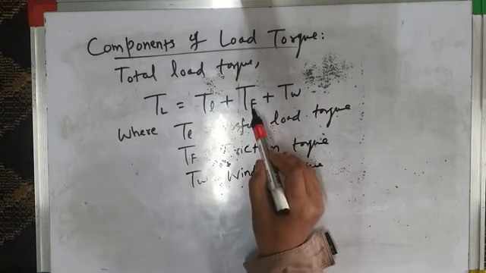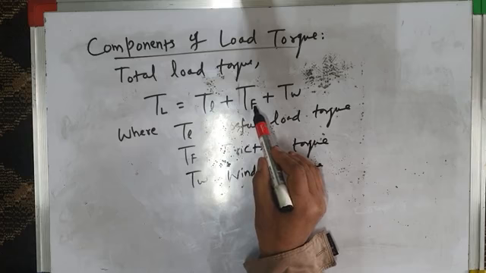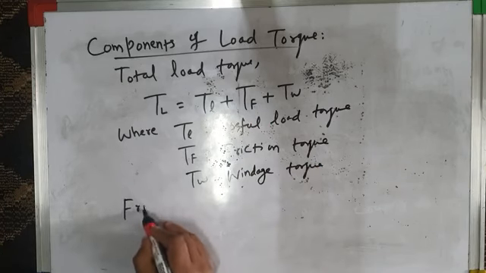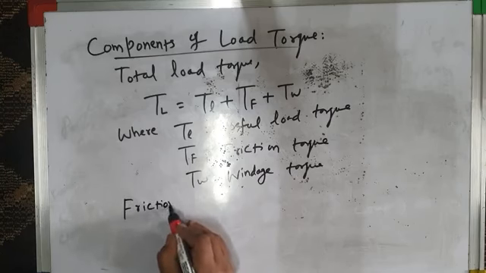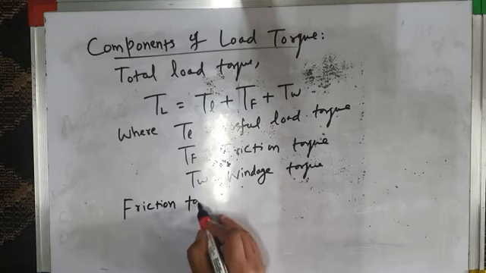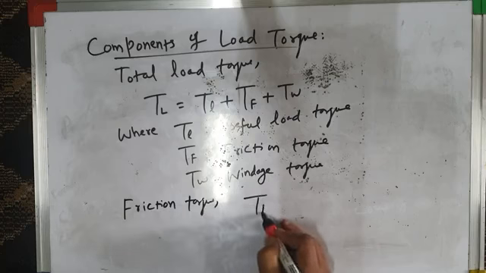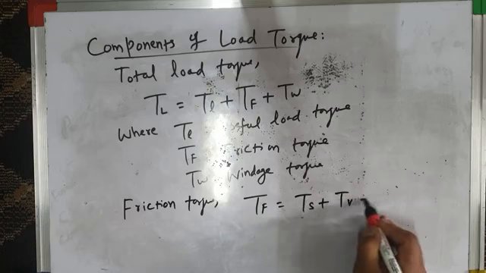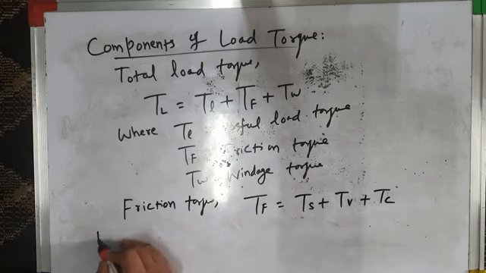Now, as far as this friction torque TF is concerned, it also comprises different components. Friction torque TF is given by this equation: TS plus TV plus TC. What is this TS?